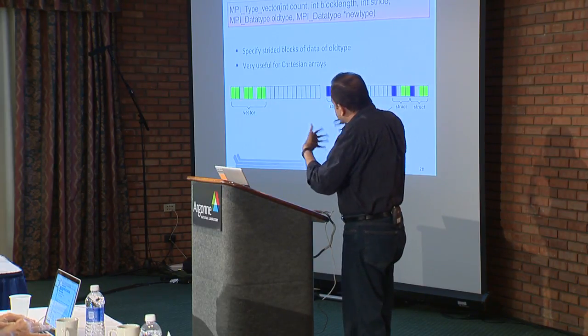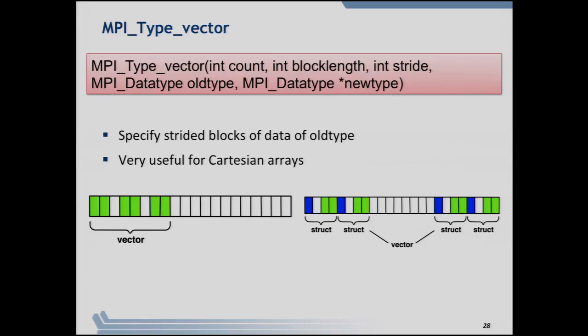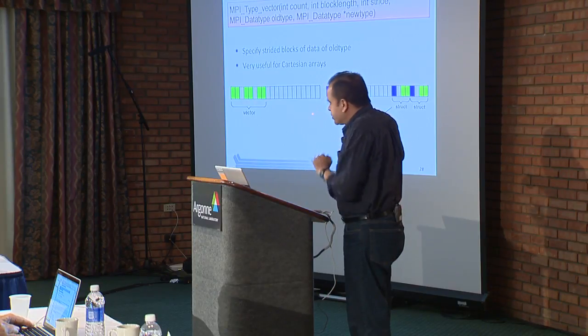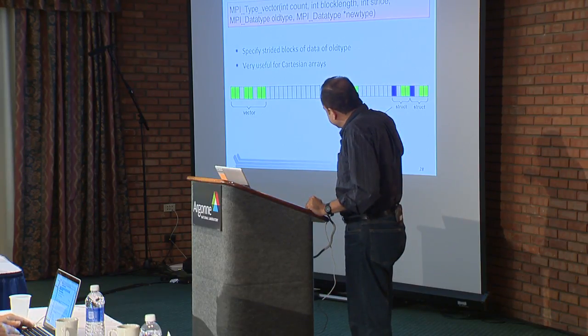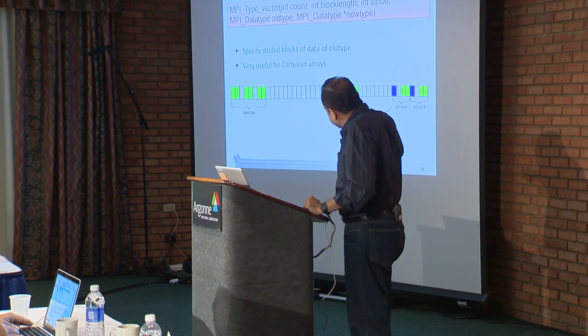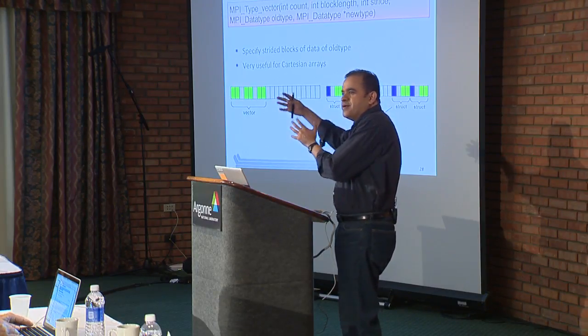And you can use it in more complicated ways itself. Let's say instead of an integer, what you want to send is something more complicated, where the basic element itself is, we'll look at a struct type later, but it might have some other type here followed by a gap and 2 other things, and these are in a strided form.